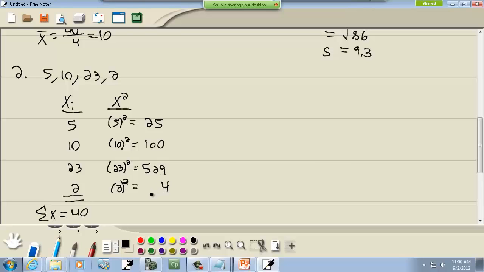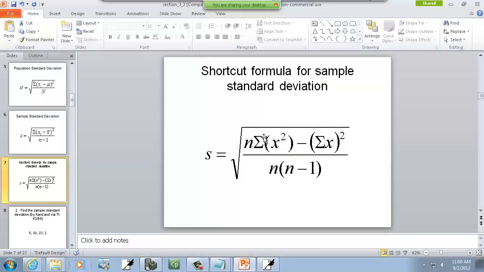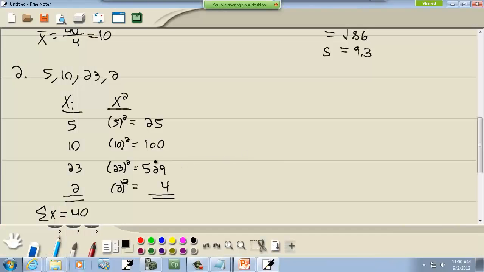And 2 squared is 4. Well, this sigma in front of it means I now want to add those together. So I'm going to sum these: 25 plus 100 plus 529 plus 4, and we get 658.